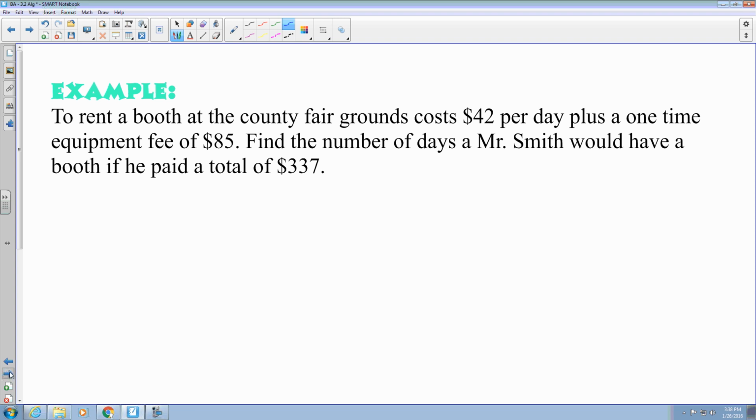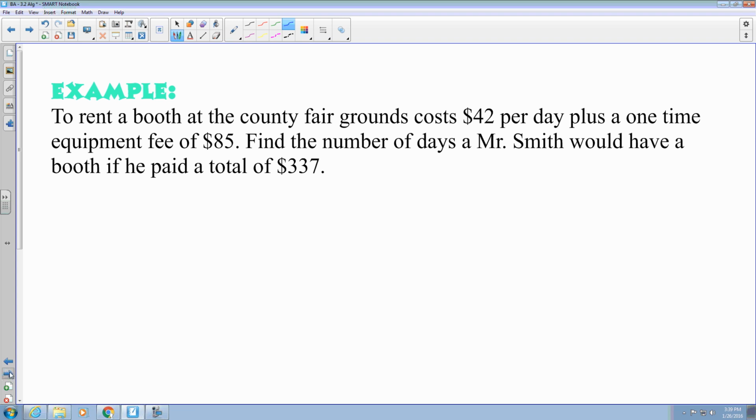So here are some word problems to see if we can use what we know from solving two-step equations to help us find out what we need to do for these particular problems. So this one reads: to rent a booth at the county fair costs $42 per day, plus a one-time equipment fee of $85.